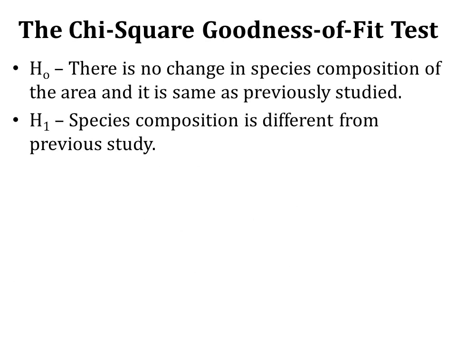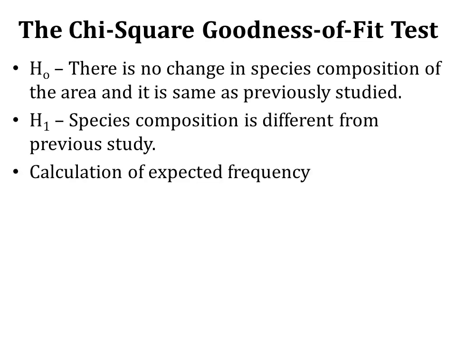Our null hypothesis is there is no change in species composition of the area, and it is the same as previously studied. And the alternate hypothesis, obviously, assumes a difference, and it says that species composition is different from the previous study.